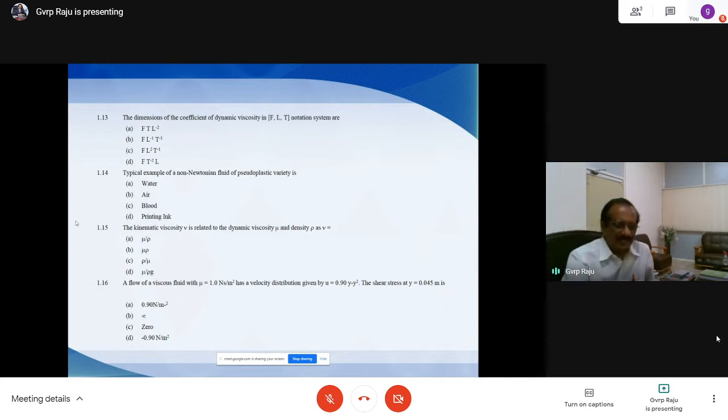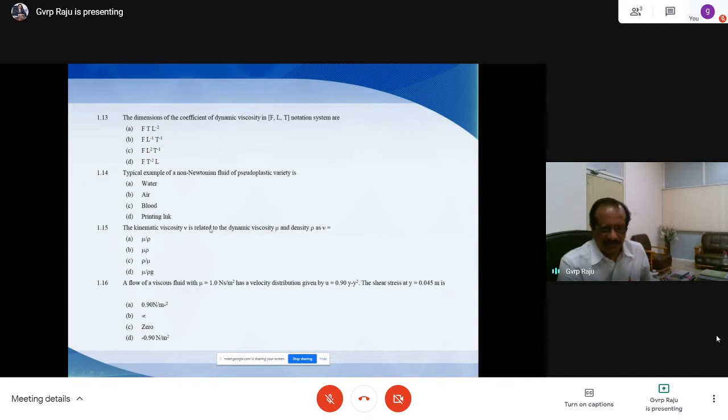So you may get confused like that. Rho into g is the specific weight, mass density into specific gravity. Maybe people may be confusing with A and D. So B and C are absolutely wrong. So the kinematic viscosity is mu by rho.